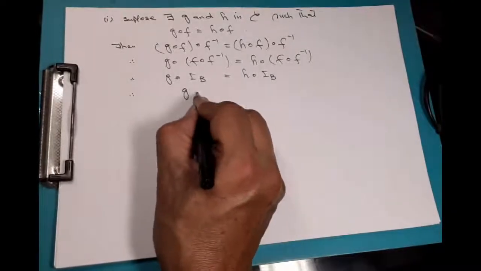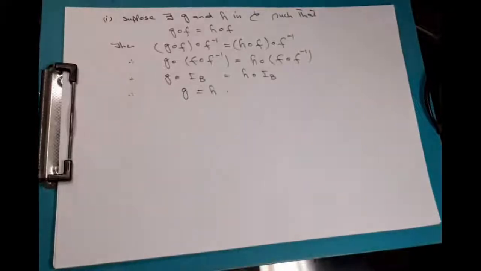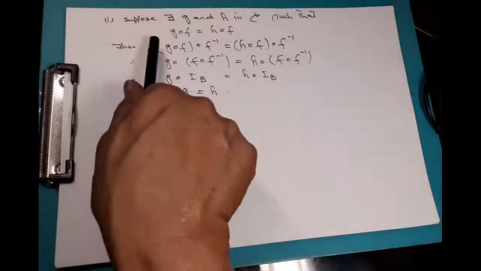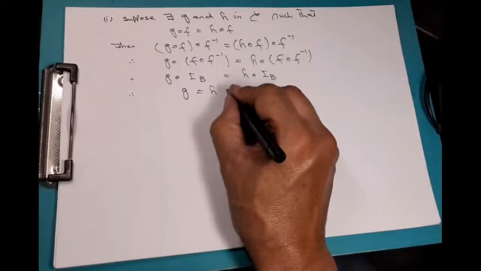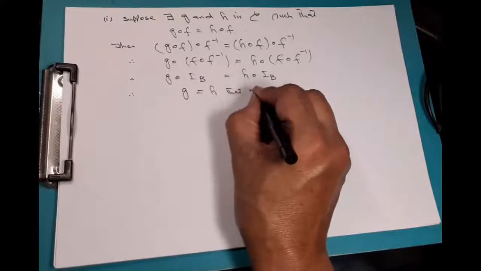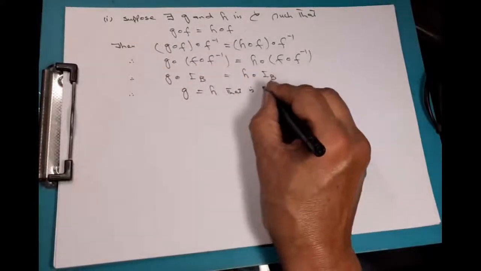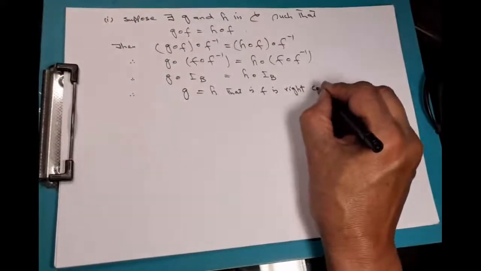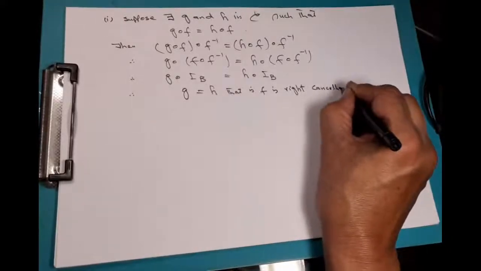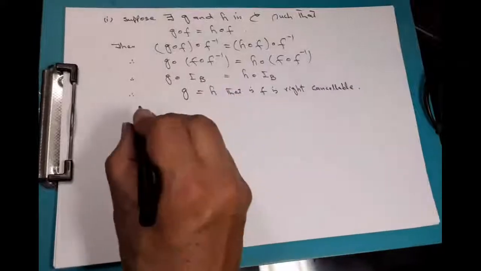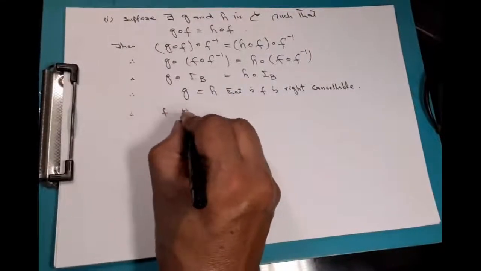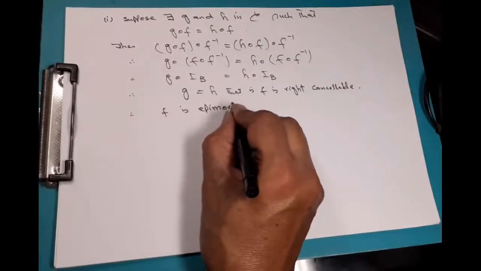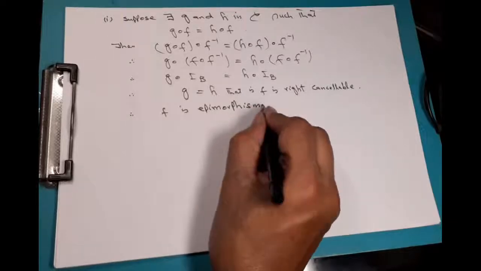Therefore, G is equal to H. So we have proved that if G circle F is equal to H circle F, then G is equal to H, which means F is right cancelable. And this happens only if the morphism is an epimorphism. Therefore, F is an epimorphism. So every isomorphism is an epimorphism.